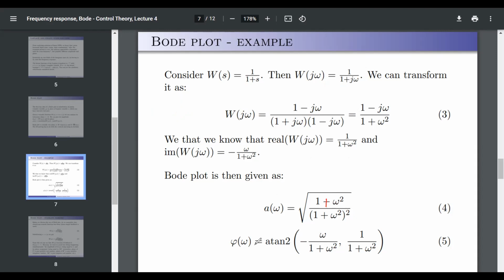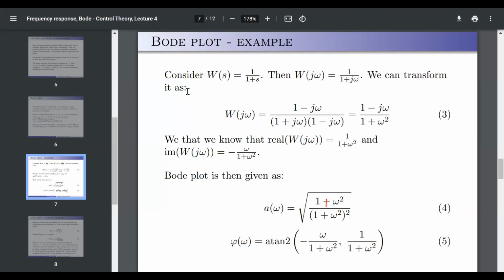All right, now this is how you compute the angle. Obviously, you put it under logarithm, so there are not a lot of problems there.